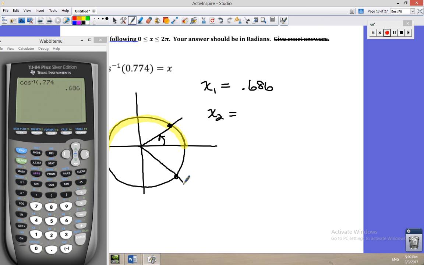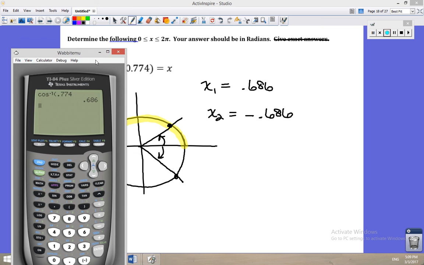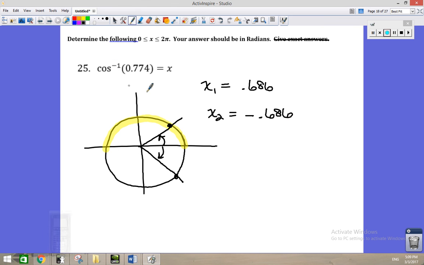To go down, to rotate clockwise, it's that same magnitude, only now it's negative. So negative 0.686. Those are the two solutions of the infinitely many solutions to this equation.